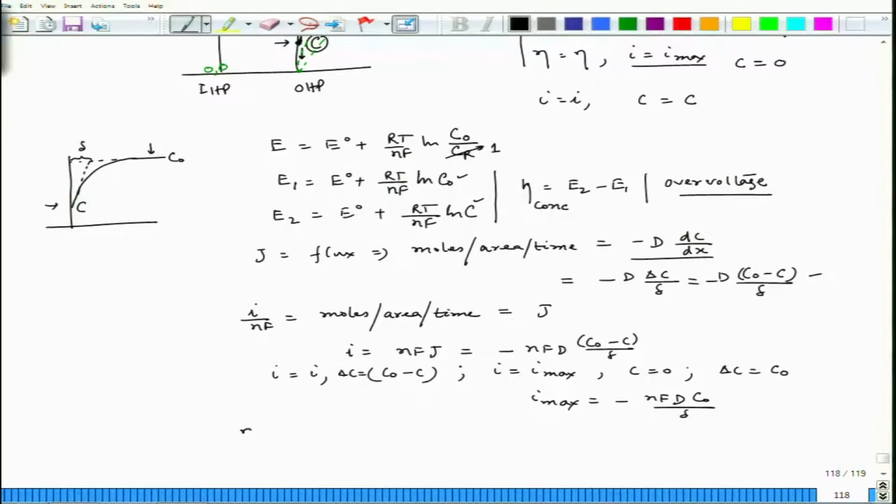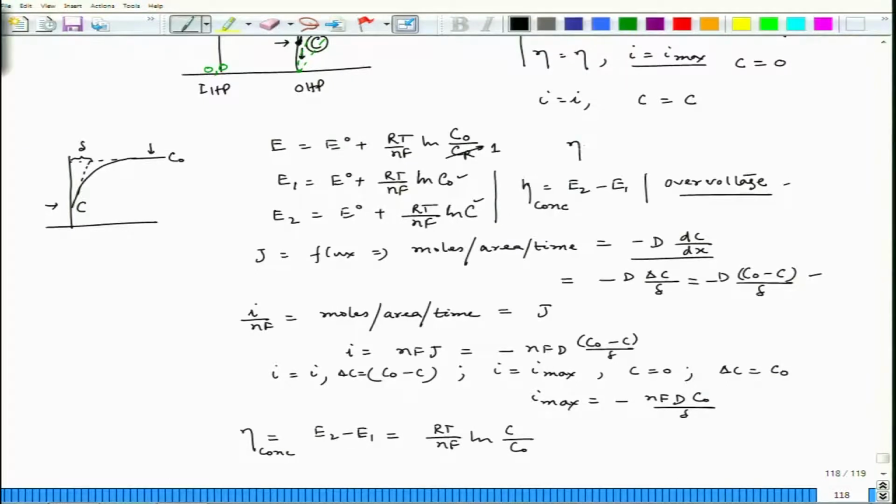Therefore, eta equal to E 2 minus E 1 equal to E 0, and E 0, they both will get cancelled. So, that means we are left with RT/nF ln C by C 0. And remember, whenever we try to understand overvoltage, we have to always differentiate between initial and final.